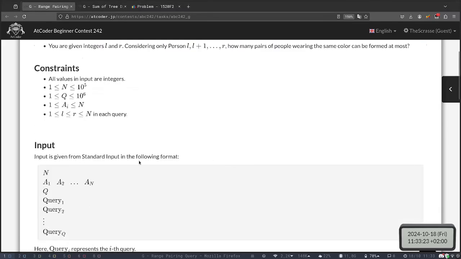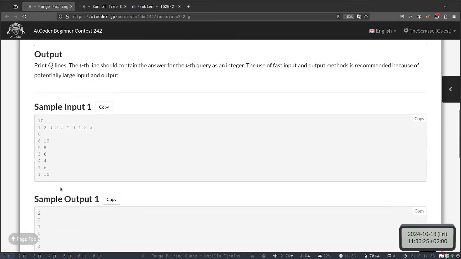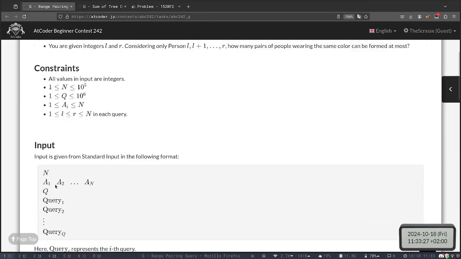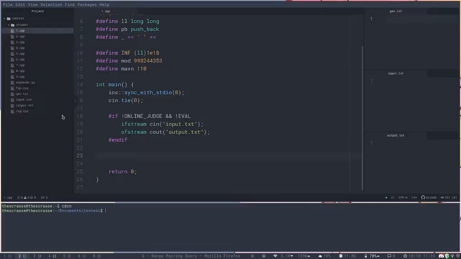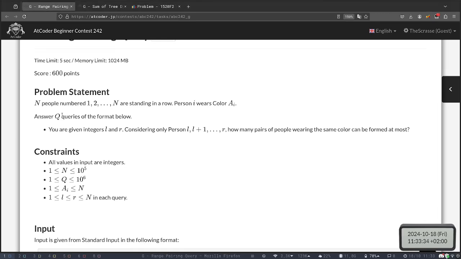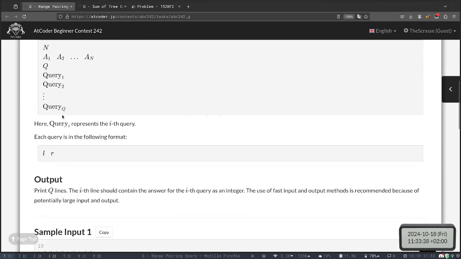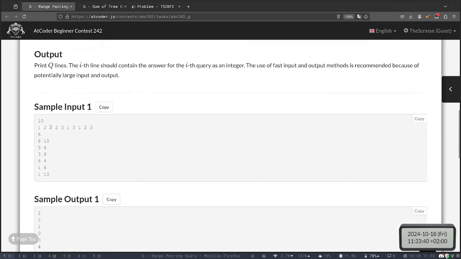So here, indeed, can we use Mo's algorithm? Can we move from L, R to L, R plus 1, or R minus 1, fast? It means we are trying to add or remove a person. And what we are trying to count is the number of elements which appear an odd number of times.